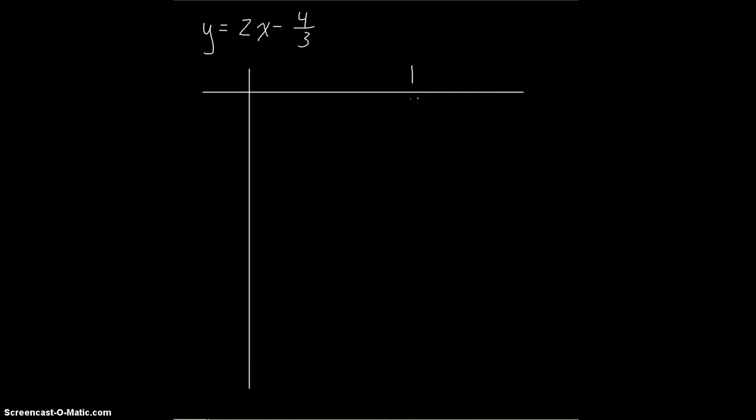So my x value is going to sit right here, my y value is going to be here, and I'm actually going to calculate this by whatever value I pick for x. I'm going to put it into this equation, 2x minus 4/3, and that's what's going to give me my y value. And then to the very right, I'm going to write them as an ordered pair.